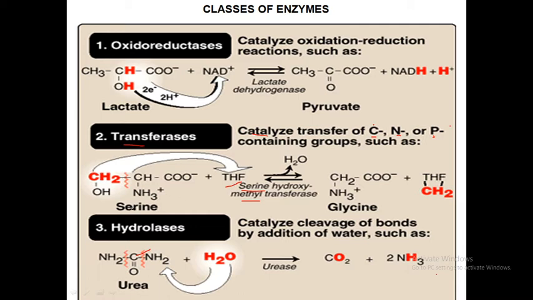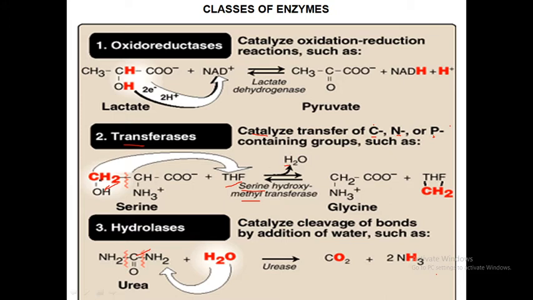From serine, the methyl group is attached to a hydroxyl group, that's why it is known as hydroxymethyl. But that hydroxyl group doesn't transfer to the tetrahydrofluoride; instead it is removed as water by the addition of another hydrogen.